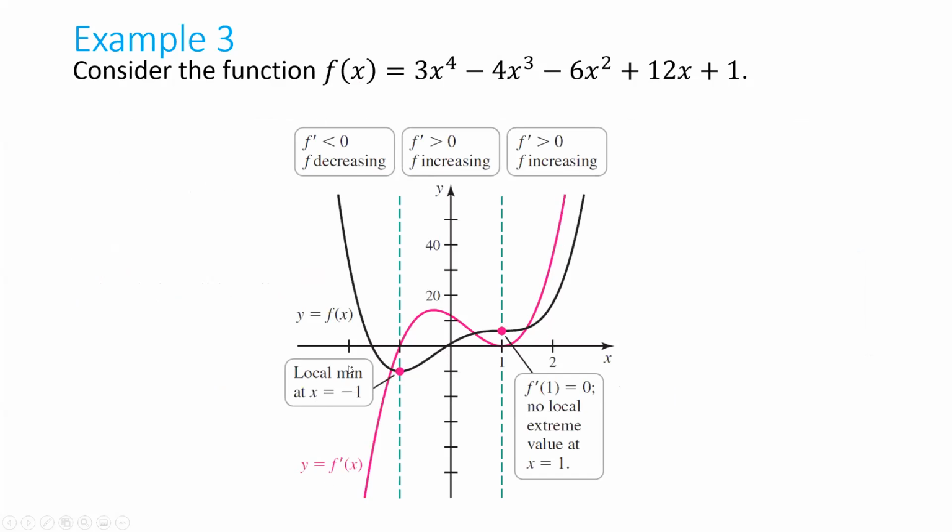So we can see that when f prime changes from negative to positive, that's where we had that local minimum value. And at this point, f prime doesn't change from positive to negative, so it stays positive on either side. So that's not going to be a local max nor a local min. It kind of levels out for a moment, but then it continues to increase.